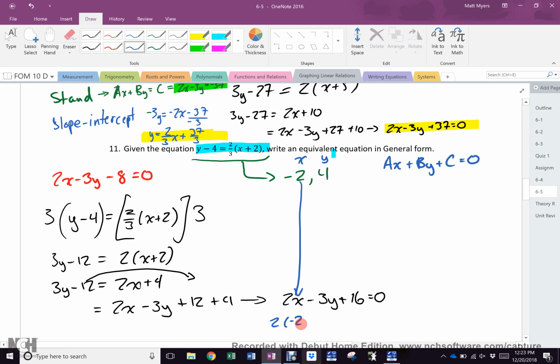What's 2 times -2? -4. What can I write right there? 4. What's 3 times 4? 12. -12. What's -4 minus 12? -16. What's -16 plus 16? 0. So you can see they're the exact same equation.